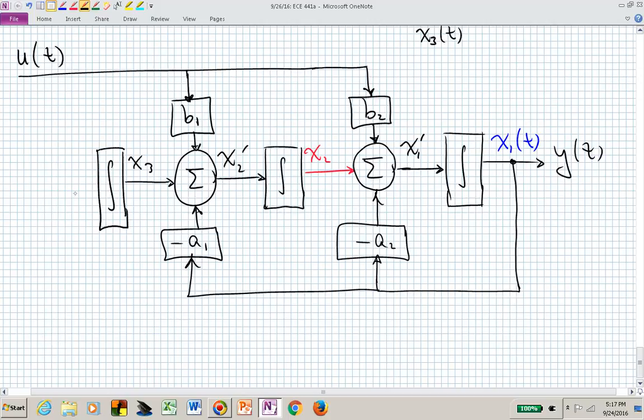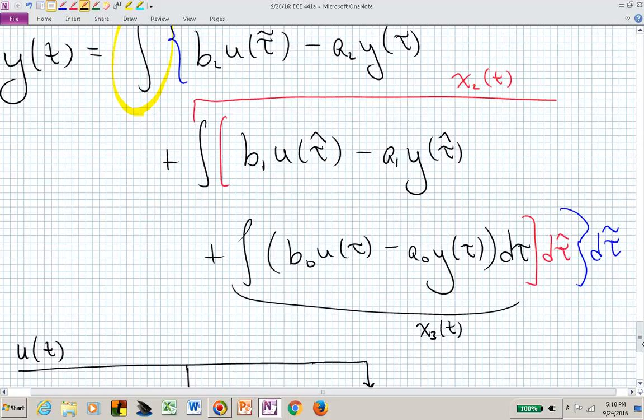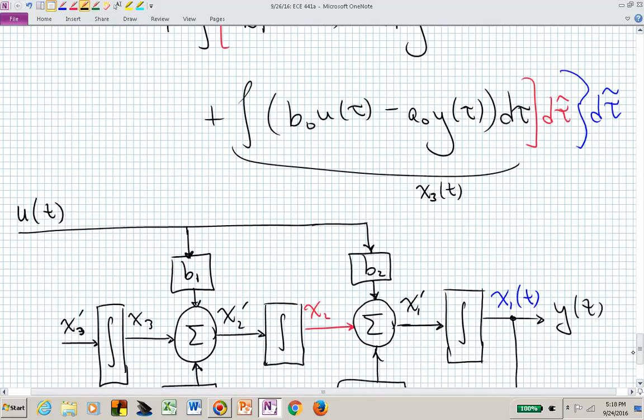We only have one more step to work through, and that is to create the first derivative of x sub 3, which is the input to that leftmost integrator. And that is now found inside the normal parentheses, or the argument to our last integral term in that expression for our output y. So x sub 3 prime is now b sub 0. It's going to be created by combining signals.